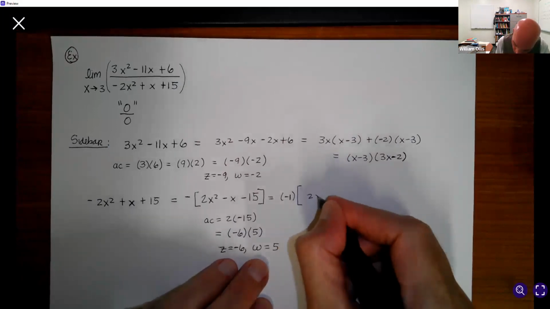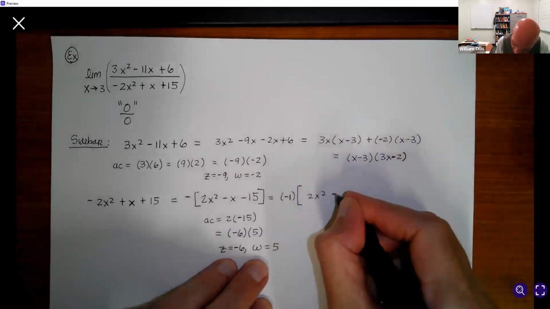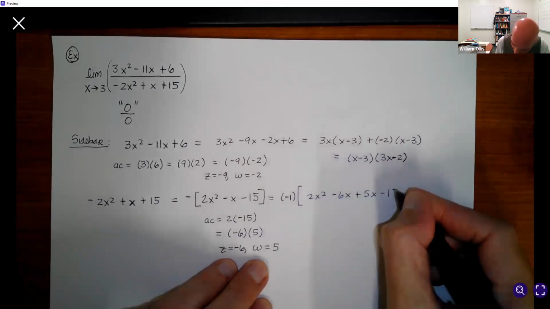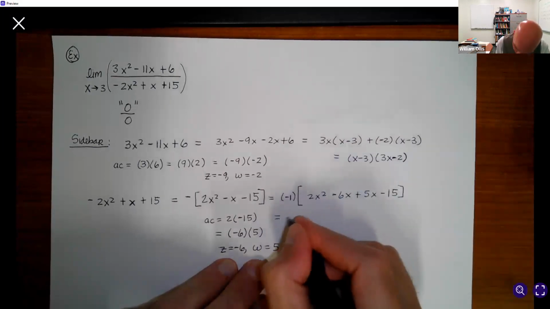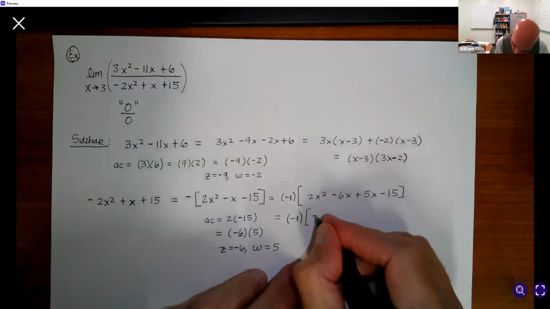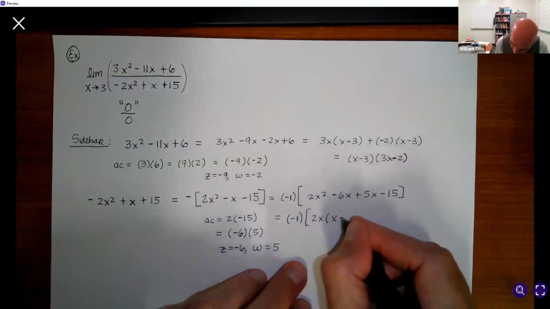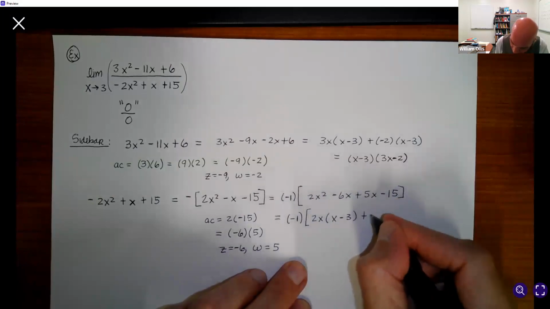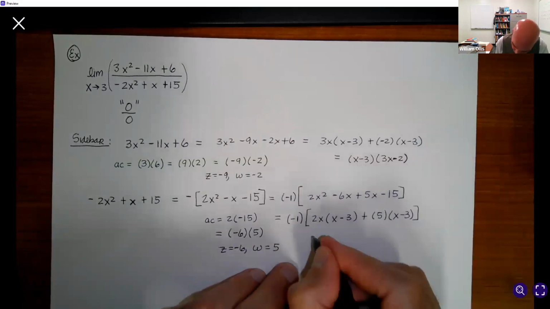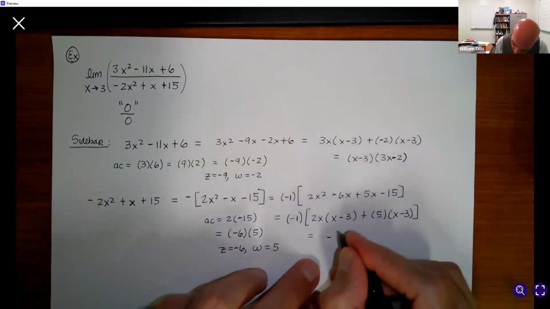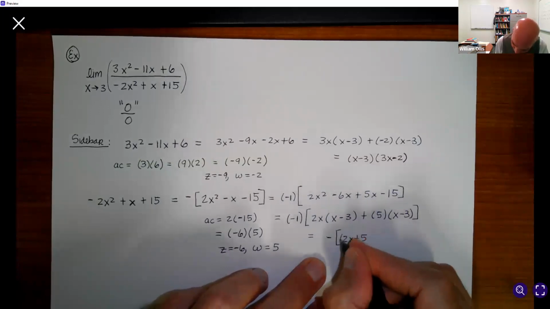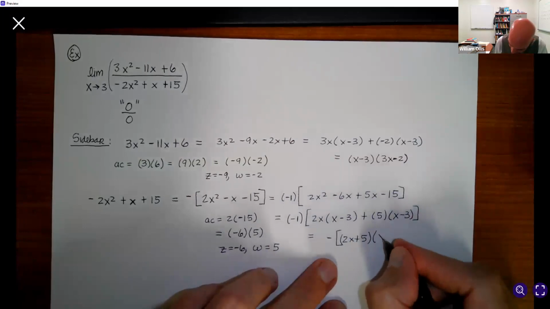We have 2x squared minus 6x plus 5x minus 15, with the -1 out front. Now we can factor by grouping: 2x times x minus 3, plus 5 times x minus 3. So this gives us the negative of 2x plus 5 times x minus 3.